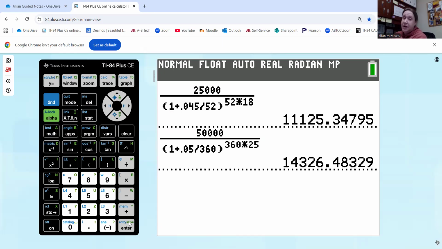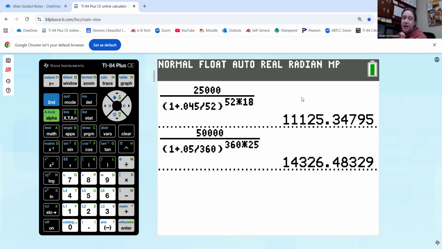If we want $50,000 in 25 years, we would need to round up, don't forget. $14,326, and let's see, we have 0.483. The 8 is what we're interested in. To the right, we have a 3, which would ordinarily tell us to round down, but don't forget with P, we round up no matter what. So even though mathematically we would round this to 48 cents, we're going to round up to 49 cents.